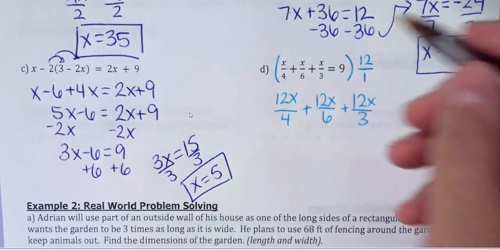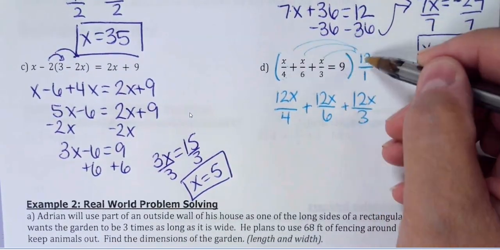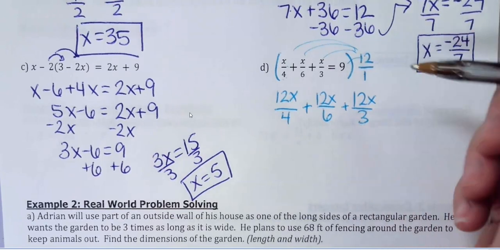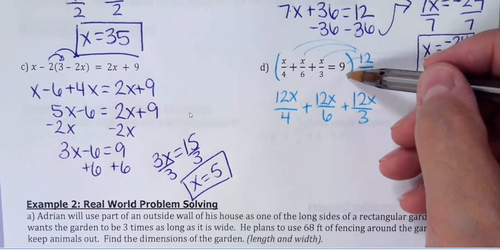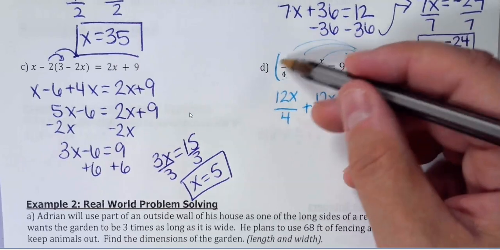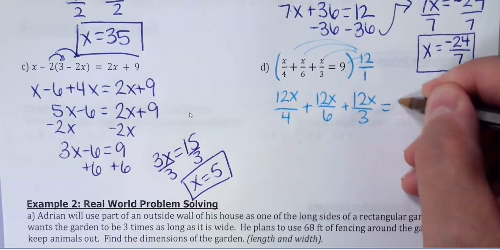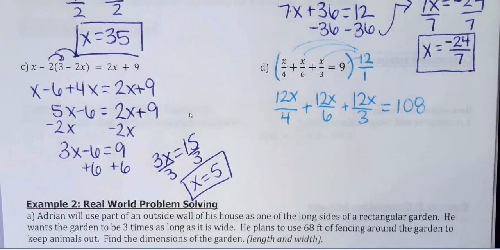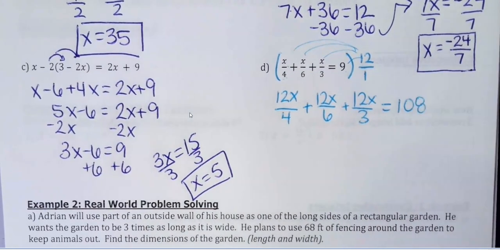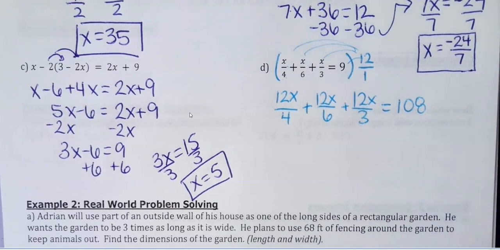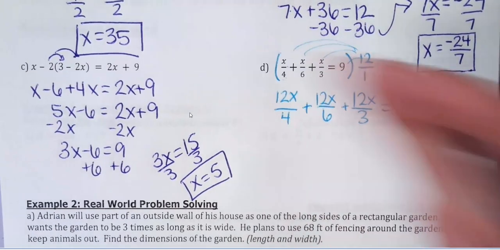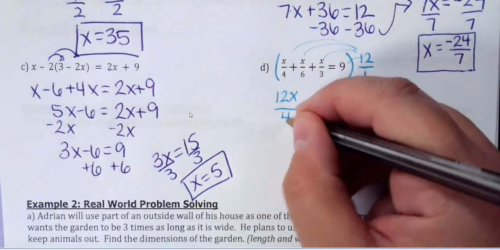Now, the one thing people will maybe make a mistake on, they'll forget to multiply the other side of the equation, which was just a plain 9. If I multiply everybody there by 12, I got to do that to the 9 also. That'll give me 108. So that's really important. You don't forget all the parts of the equation. Now, if you picked a number they all divide into, you just watch this, it'll get rid of all these fractions. So 12 divided by 4, right?